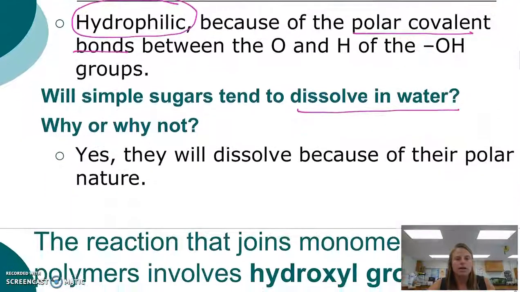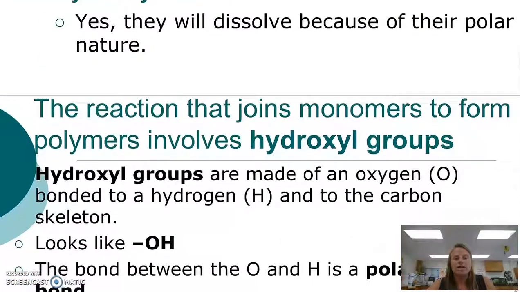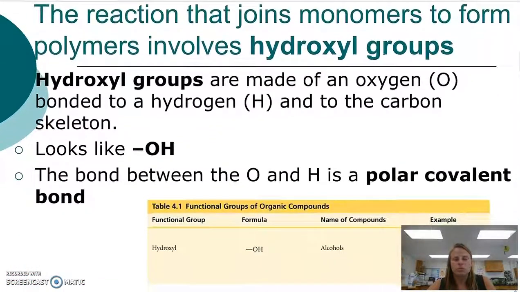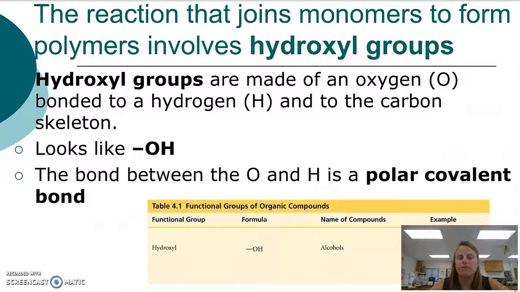Now we talked about the reaction that joins monomers. We already went through this, but now we'll take official notes. It includes the hydroxyl group. So when we form our disaccharides from our monosaccharides, we do the process of dehydration synthesis, which involves the hydroxyl group.